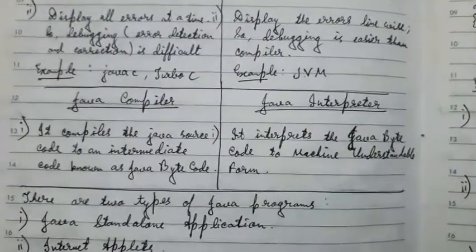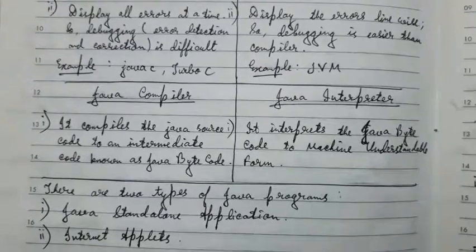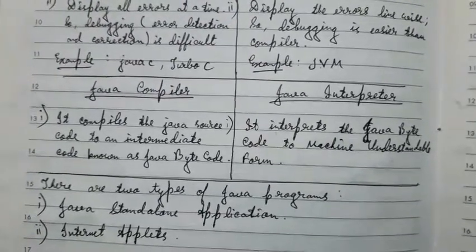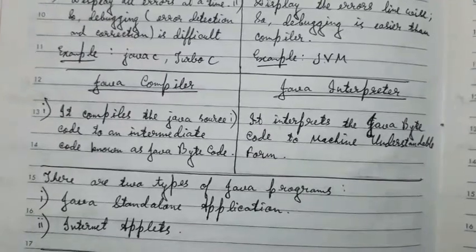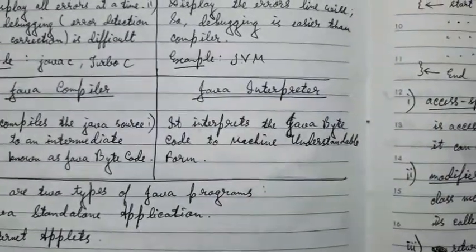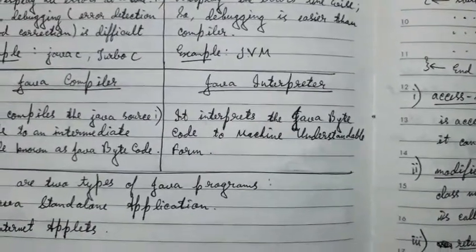The next difference is Java compiler and Java interpreter. It's a one line difference, actually one point. The Java compiler compiles the Java source code to an intermediate code known as Java bytecode, and the Java interpreter interprets the Java bytecode to machine understandable form.